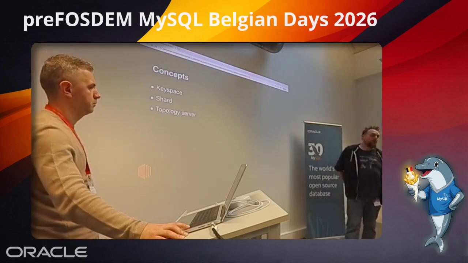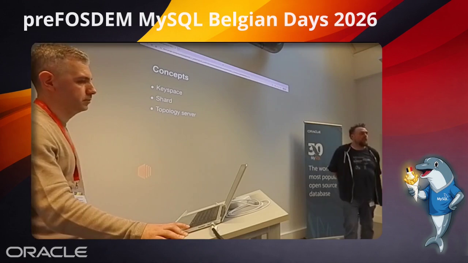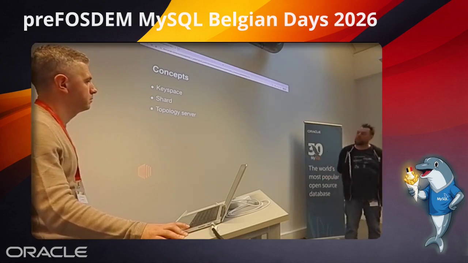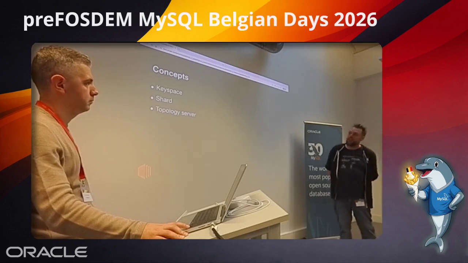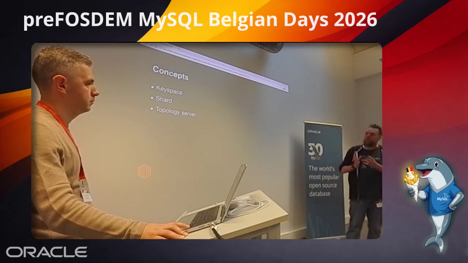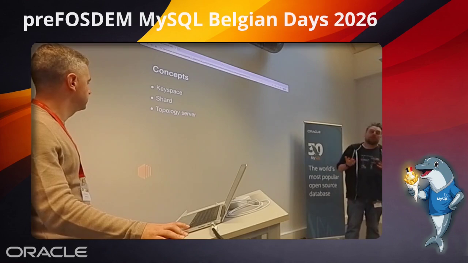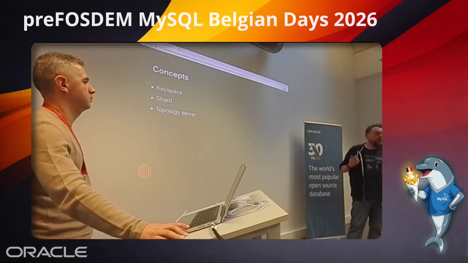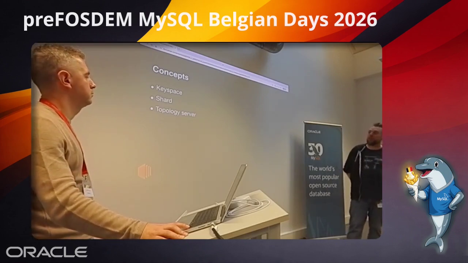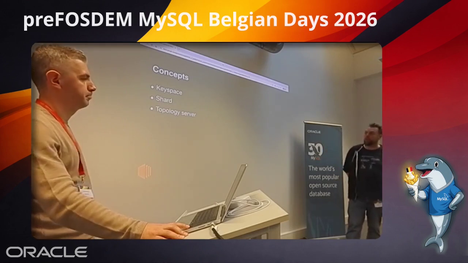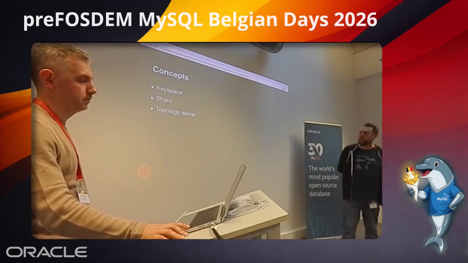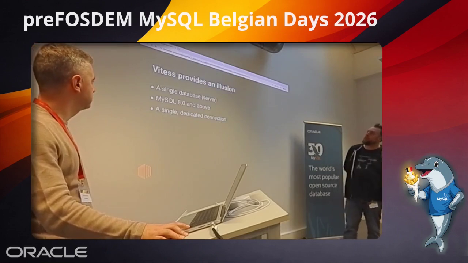A vtgate could do cross-keyspace joins, but that's not going to be pushed down to MySQL, so that's always going to be slower. And a shard is then the smallest segment of a keyspace. The minimum number of shards is 1. If you only have one shard, we call that an unsharded keyspace, but you can have any number of shards that you want. And the topo server we talked about already.